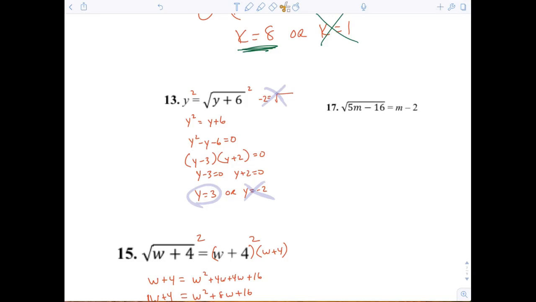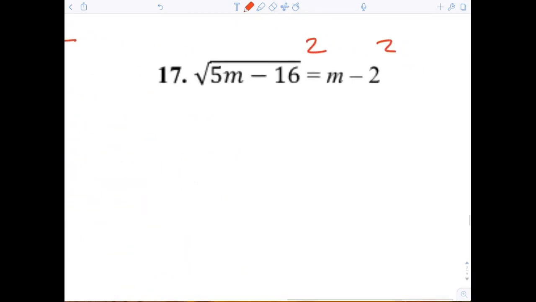Then after that, we'll just try the next one. All right. So remember, when you square both sides, you end up with 5m minus 16 equals m squared minus 4m plus 4. Is anybody having trouble with that?